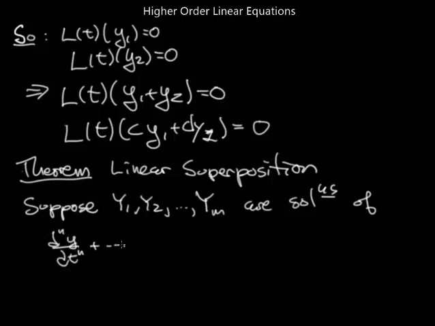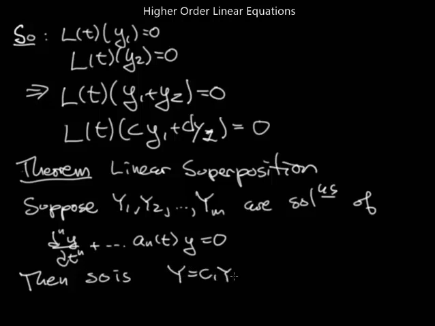So here's my general nth order linear equation. If you give me a bunch of solutions, then you get a whole new bunch of solutions by taking c1 y1 plus dot dot dot cm ym, for any constants c1 through cm.